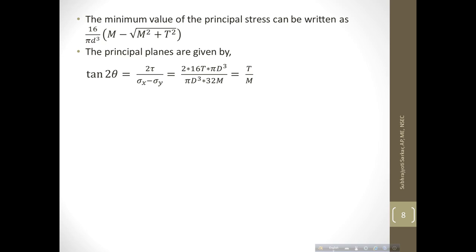Putting the values of tau as 16 T by pi d cube and sigma x as 32 M by pi d cube, pi d cube cancels, and 16 and 32 also cancel from the numerator and denominator. So we are left with T by M. So the tan inverse of the ratio T by M will give the principal planes, that is the value of 2 theta.